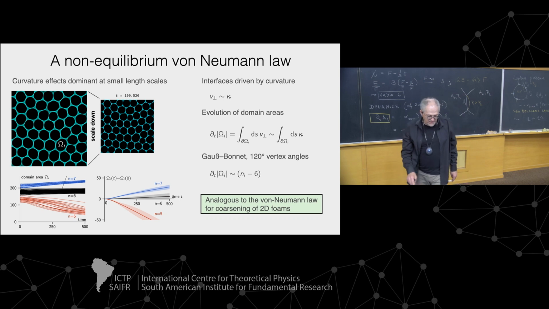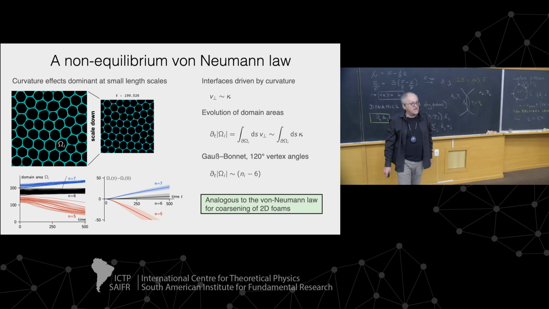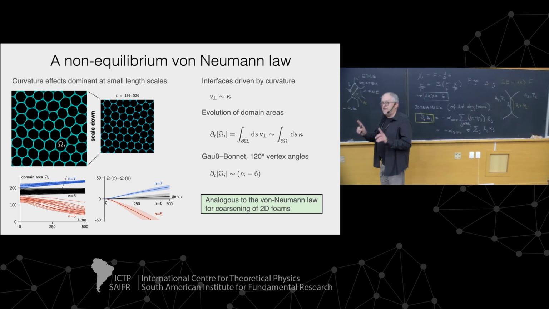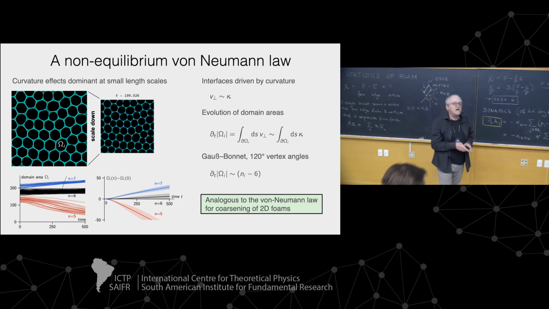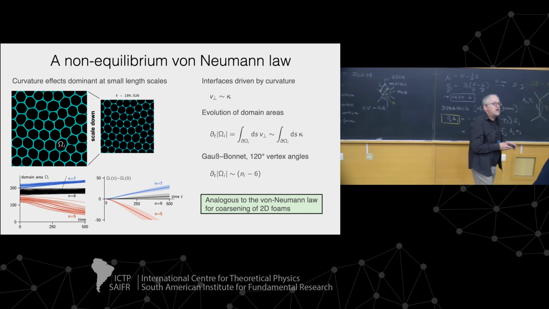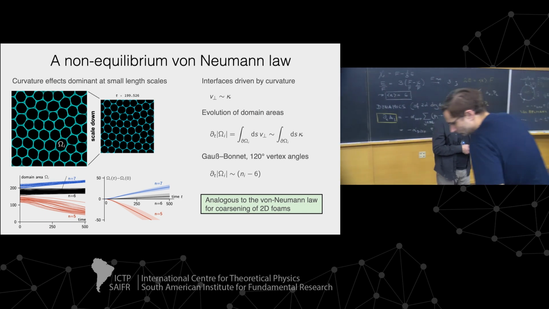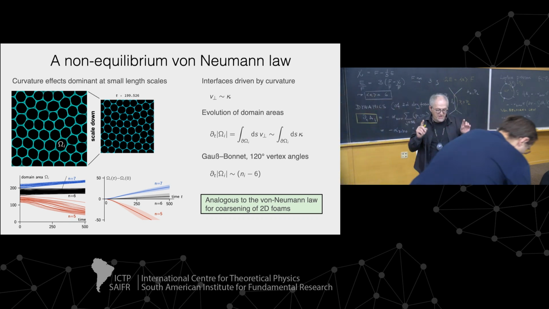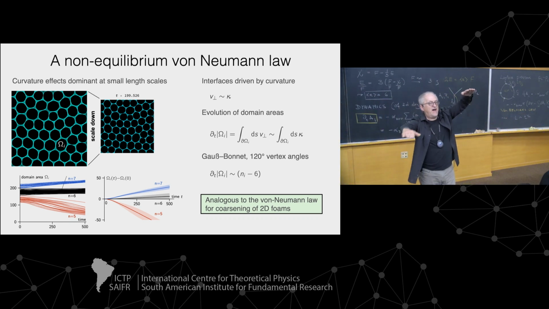So we do have the analogue of the von Neumann law for the coarsening of 2D foams for these pattern forming systems. Oh, wait a minute. They are quasi 2D.